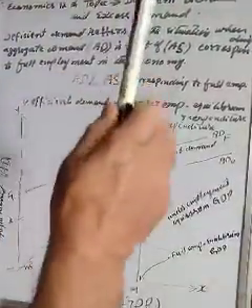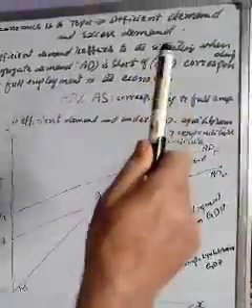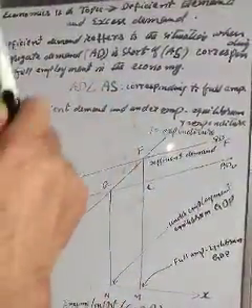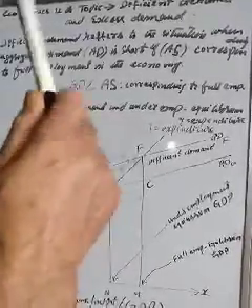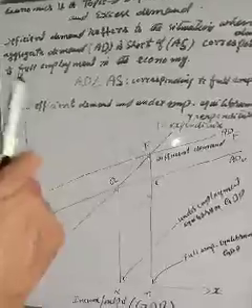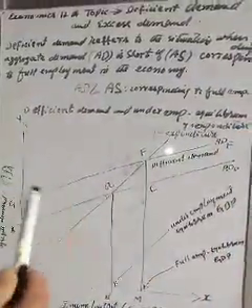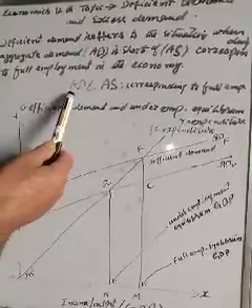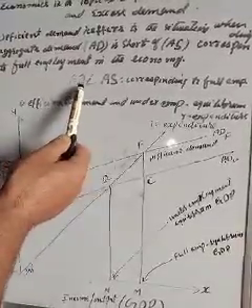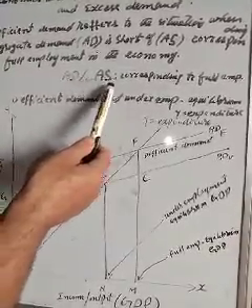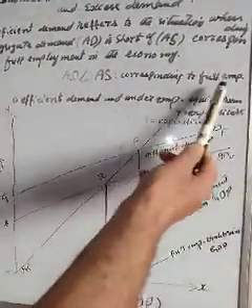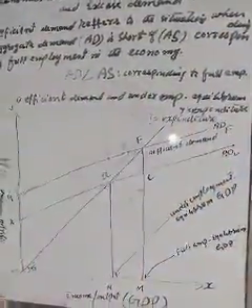Deficient demand refers to the situation when aggregate demand, total demand, is short of aggregate supply corresponding to full employment in the economy. So we can write it: AD less than AS corresponding to full employment.